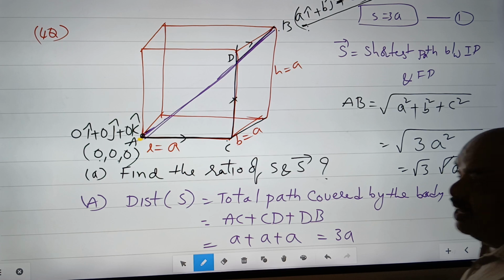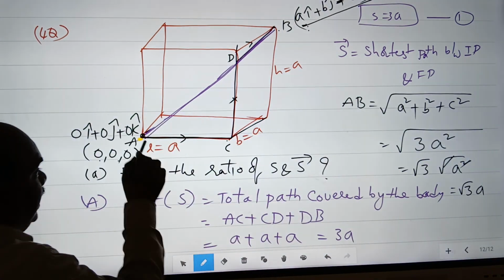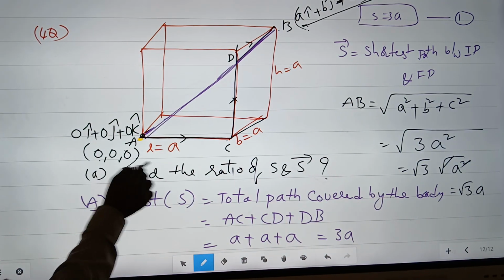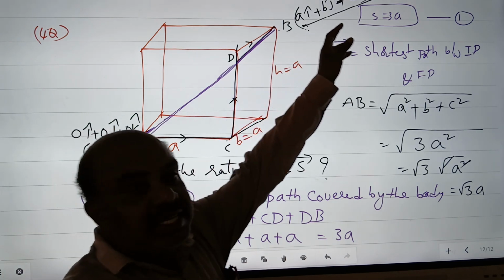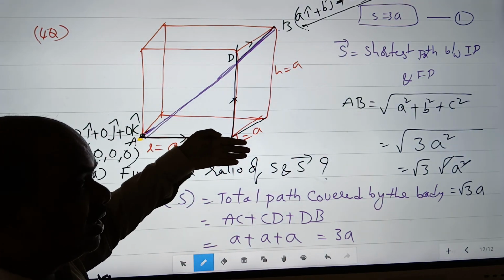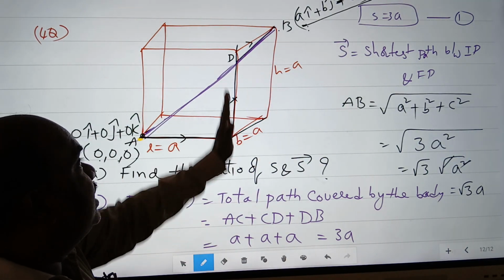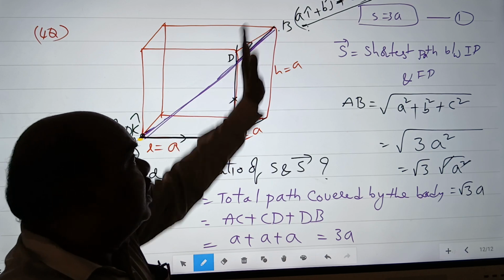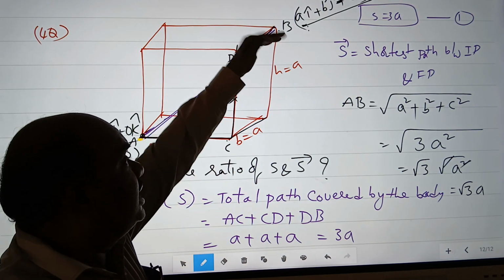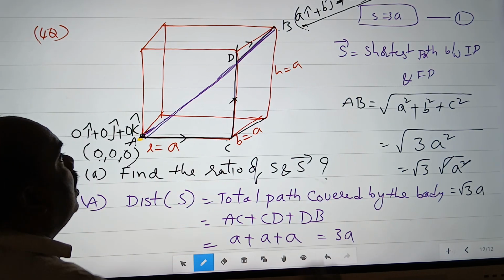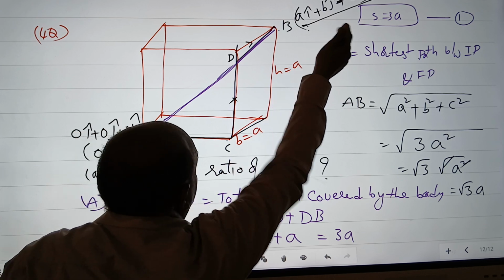Clear? First write the coordinates where it started. It started from the origin 0, 0, 0. Now the final coordinates: it moved A distance on the x-axis, and this is B, this is C. This coordinate is B, this coordinate C in general. It is inside, so C I am taking minus.